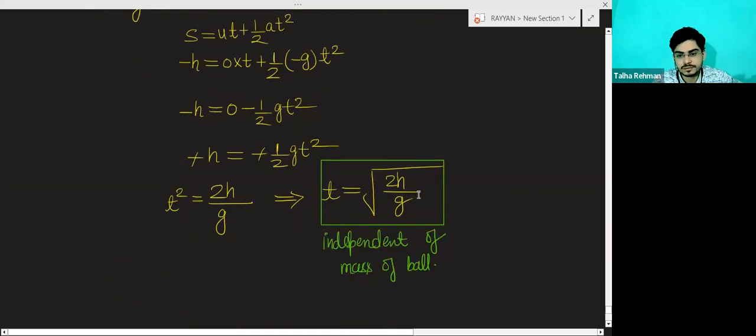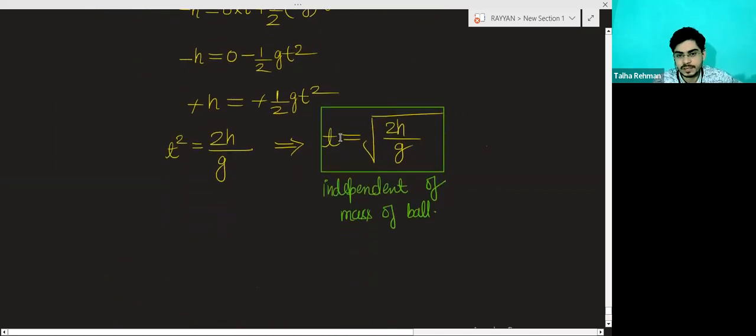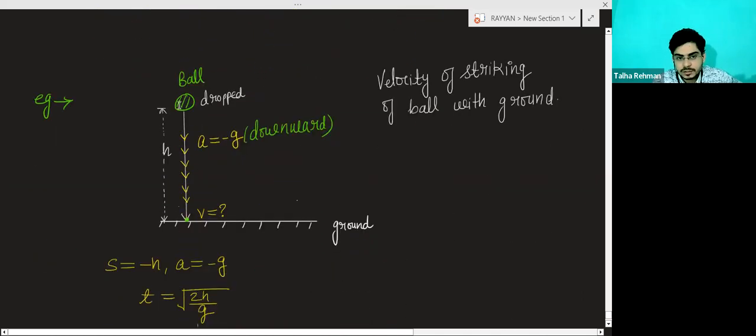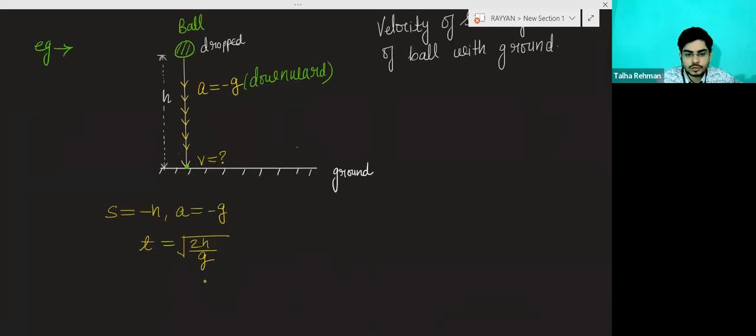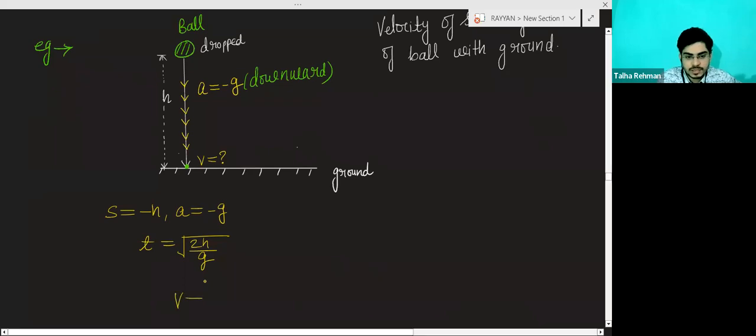This is the concept that you have to apply. Time taken for this ball to reach from here to here is root of 2h/g. Now you can apply v equals u plus at. What is the initial velocity? 0, because you are dropping the ball.